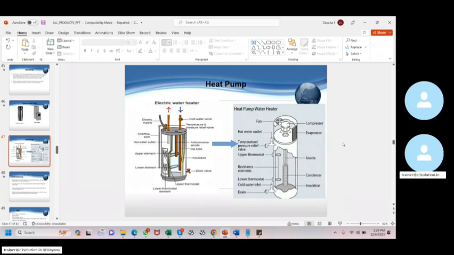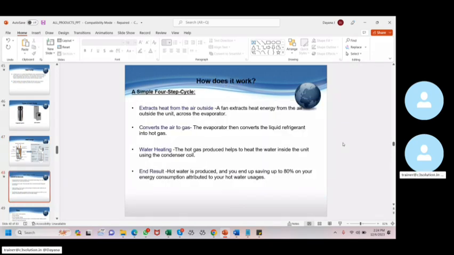So the third step is water heating. Here the water is getting heated. How is it getting heated? By using the condenser coil. Now we have a hot gas here, right? In the second step, we got a hot gas. The hot gas produced helps to heat the water.